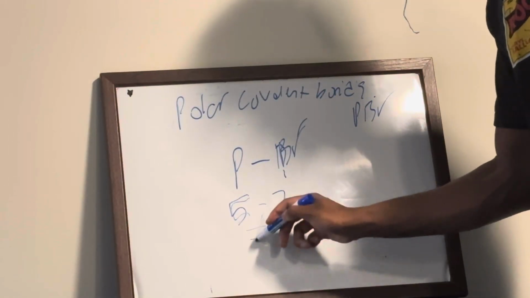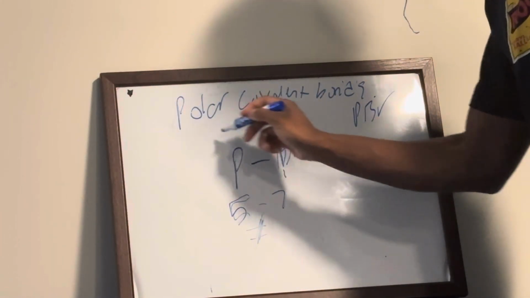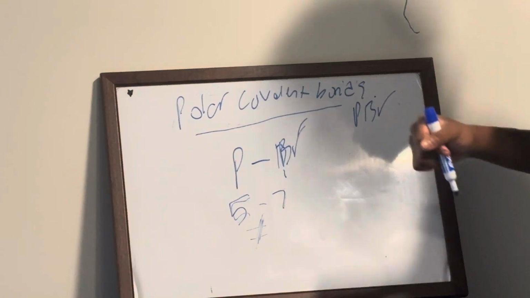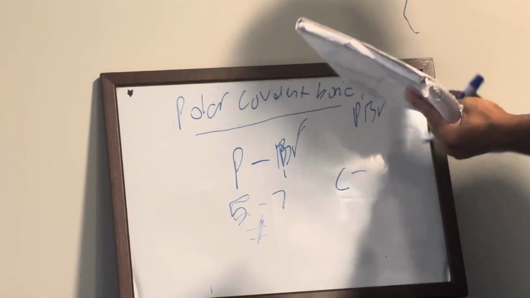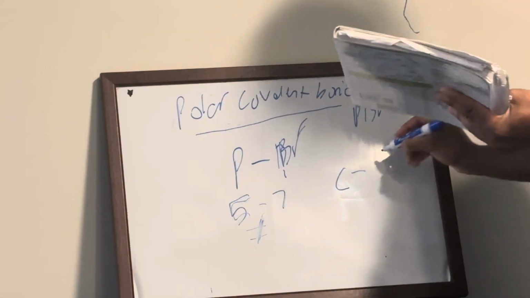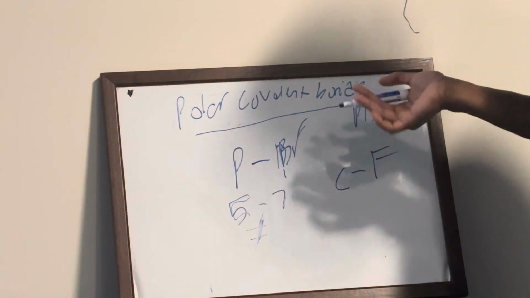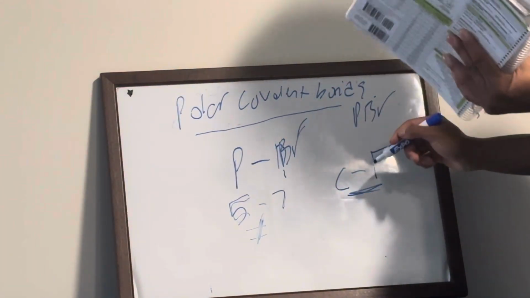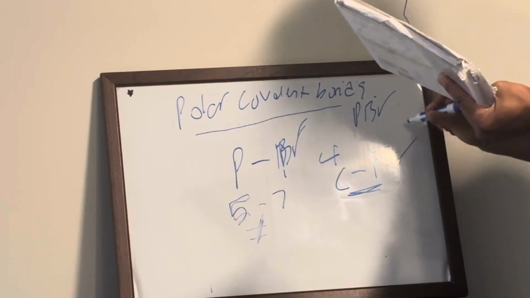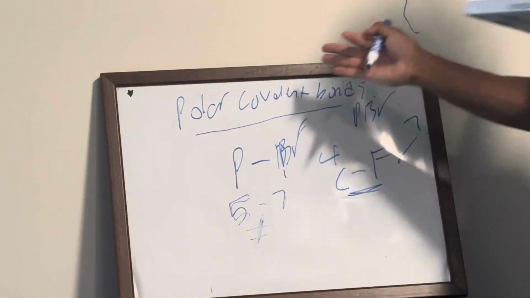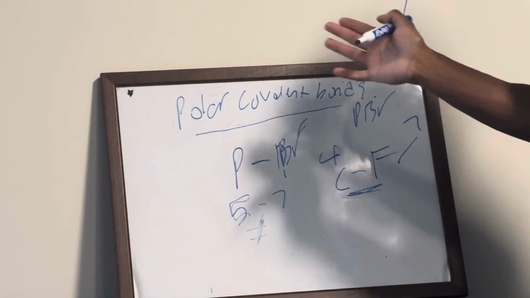So they are polar covalent bonds, anything as long as they're not sharing equally. So we could do C with F. It's a polar covalent bond, they're not sharing equally. C is 4, F is 7, they're different.